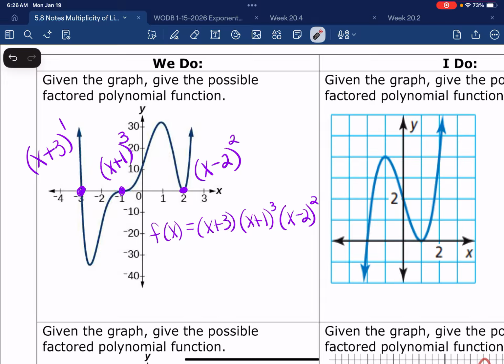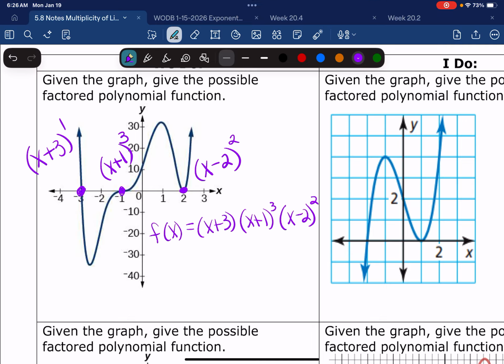Now we also need to talk about our end behaviors. Both of our ends are pointing up, right? So our degree needs to be even. And not only that, if they're both pointing up, we know our a value, or our leading coefficient, needs to be positive. So let's check all of those out first.